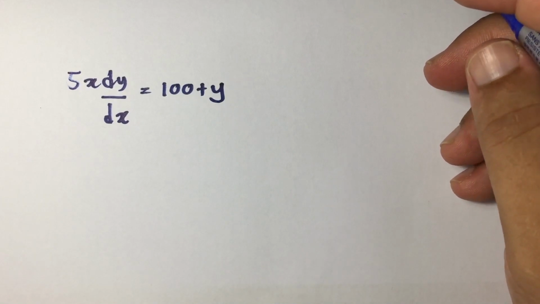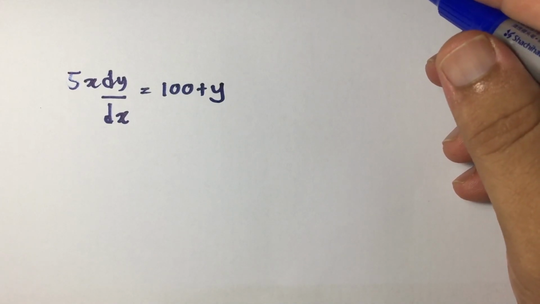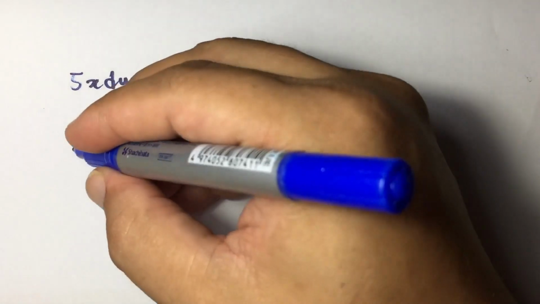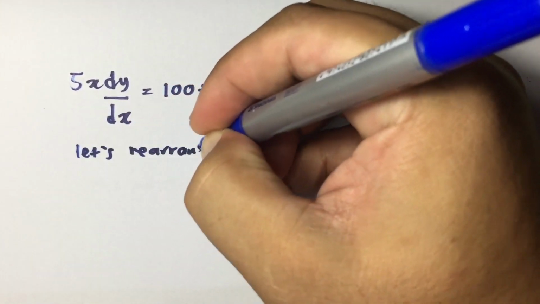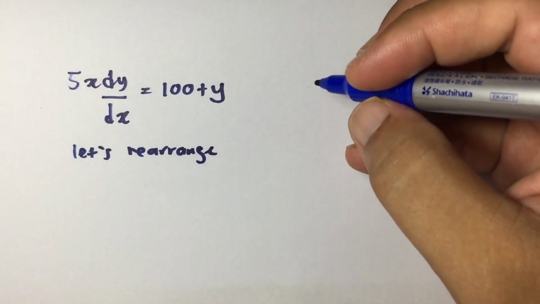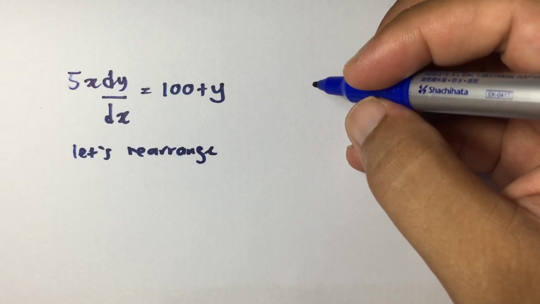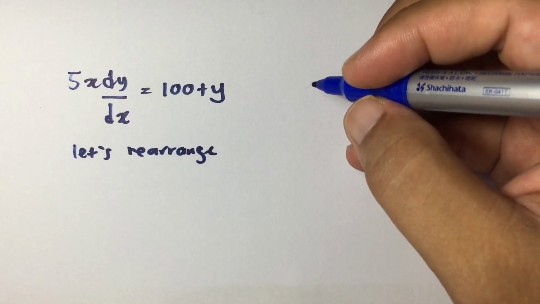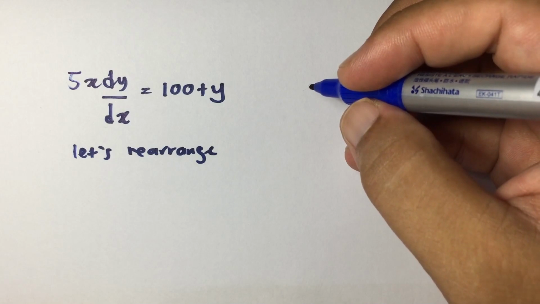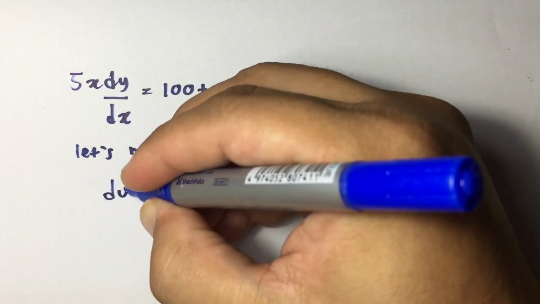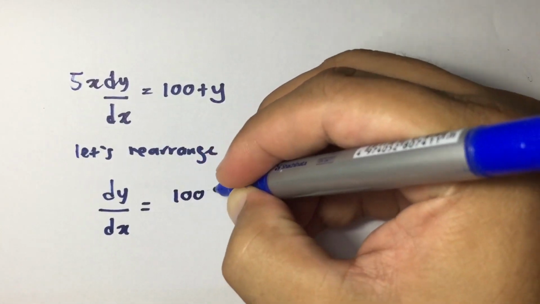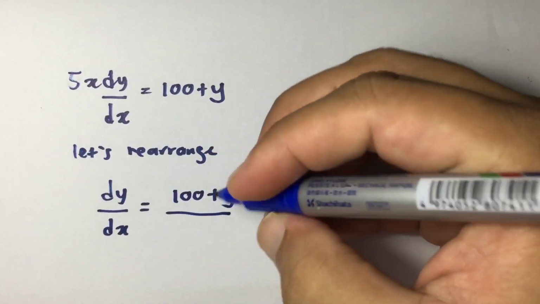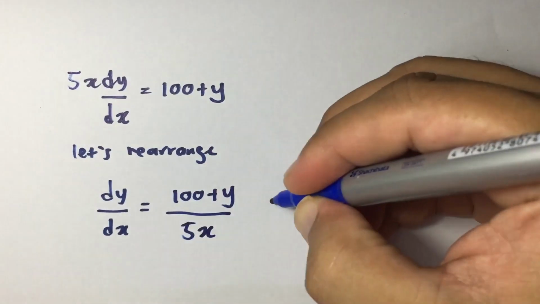So let us rearrange this ODE first into a form that we can use effectively, so that we can isolate dy/dx on the left hand side of the equation and the rest on the right hand side.